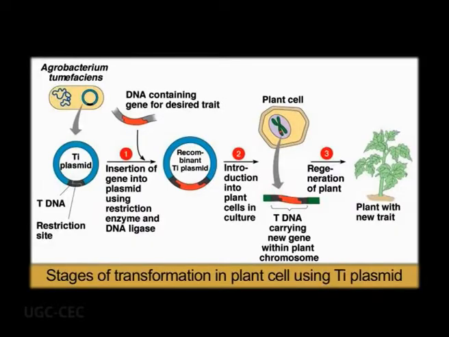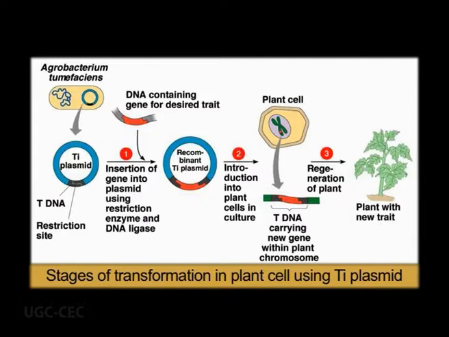How is it done? You can see this is the Agrobacterium tumefaciens bacterium, which produces the T-DNA, and then the gene is inserted into the plasmid using a restriction enzyme. Though we have shown the restriction enzyme, you can also use the same gene gun technique to transfer that gene. Then this modified chimeric DNA fragment is allowed to enter the plant cell, and this will cause a tumorigenic change in the plant cell.